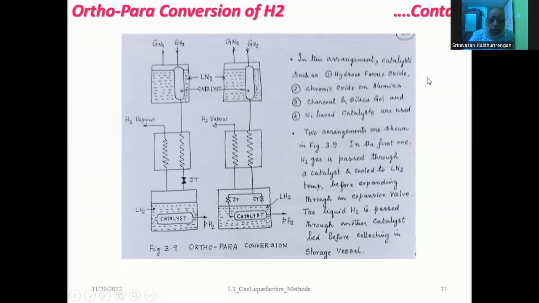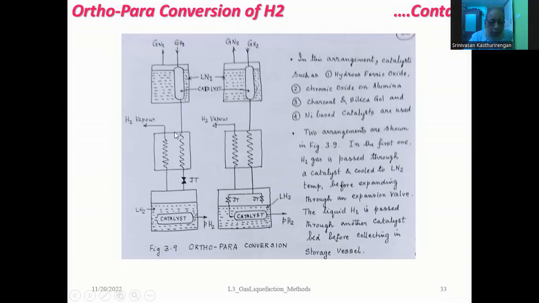The catalysts that are generally used are hydrous ferric oxide, chromic oxide on alumina, charcoal, silica gel, and nickel-based catalysts, etc. So you have a cartridge which is cooled in liquid nitrogen. Gaseous hydrogen enters through that and gets pre-cooled to liquid nitrogen temperature. And the catalysts ensure there is a certain amount of conversion of ortho to para.